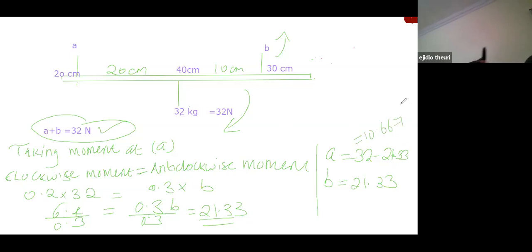Therefore, force at A is 10.667, and force at B, the reading, will be 21.33. Is it clear? Any question?